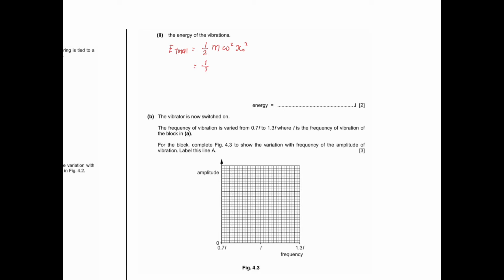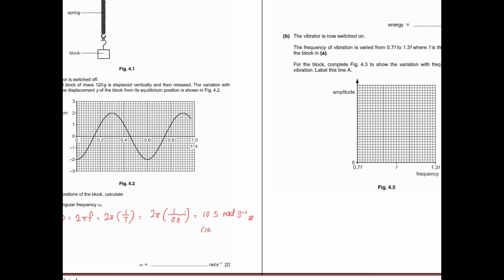Okay, so 1 over 2, the mass is 120 gram, the omega is 10 point, so this is actually 10.47 if I keep the decimal. So I will use 10.47 to make it more accurate.